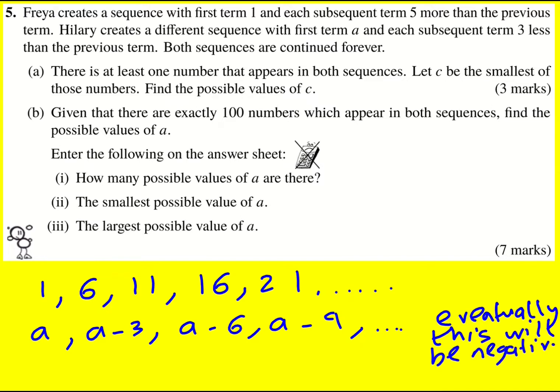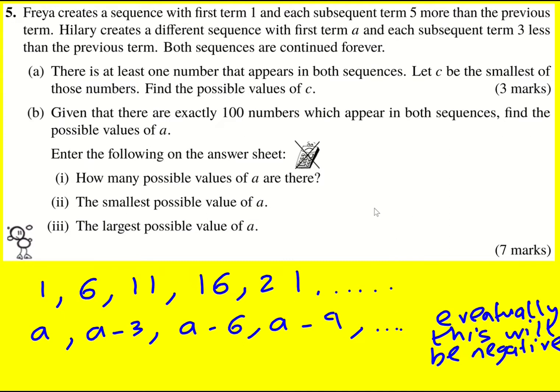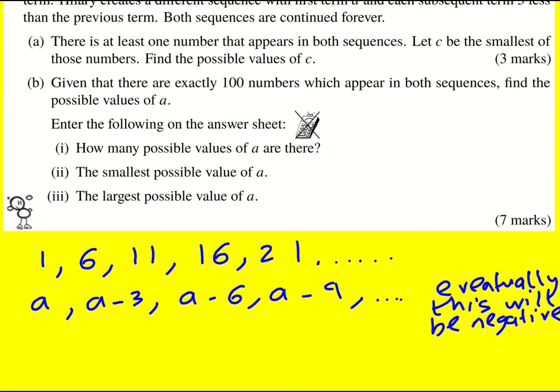Because the question's asking about terms that are in both sequences, we can see eventually they're not going to have an infinite number of shared terms. We're told that there is at least one number that appears in both sequences. Let C be the smallest of those numbers. Find the possible values of C.